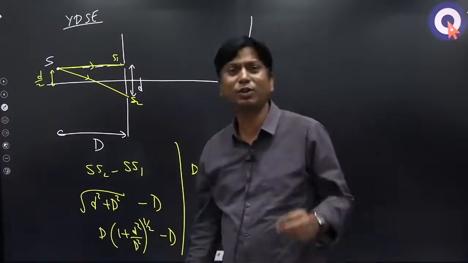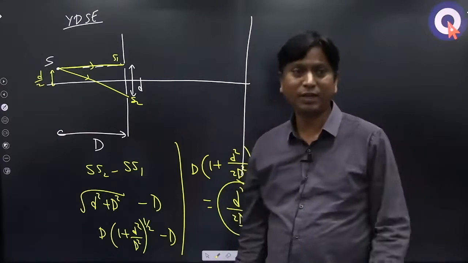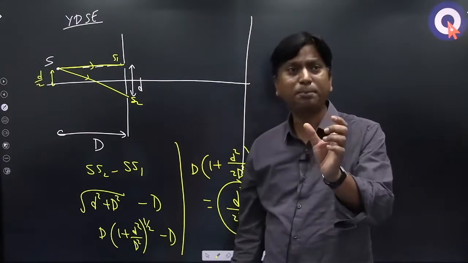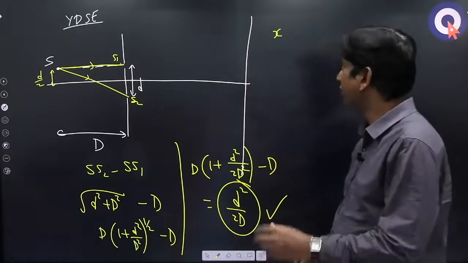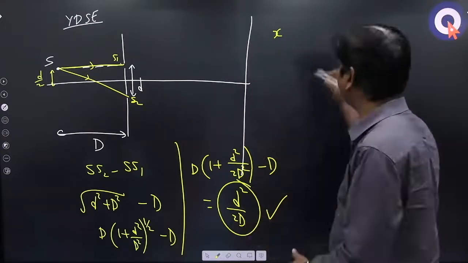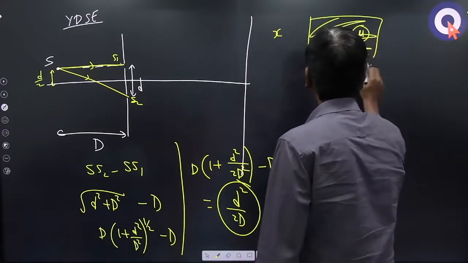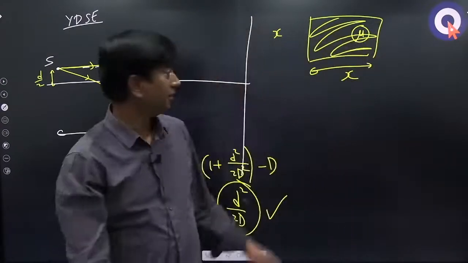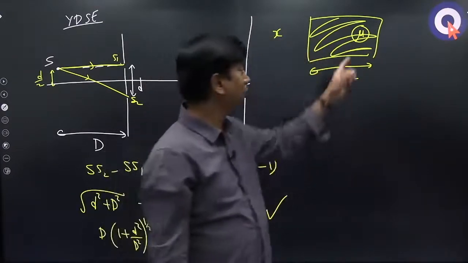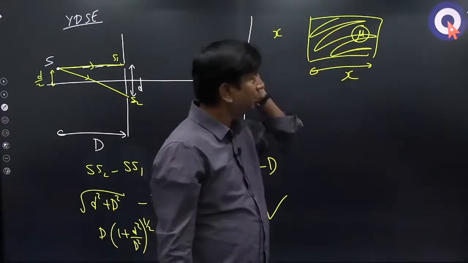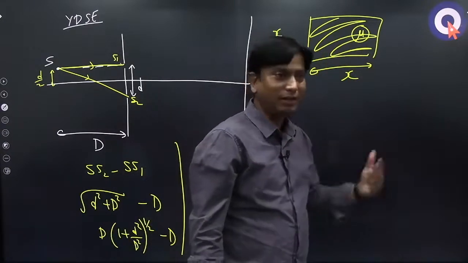One more thing very useful in wave optics is the optical path. Suppose in a medium of refractive index nu, the wave is really traveling a distance x.